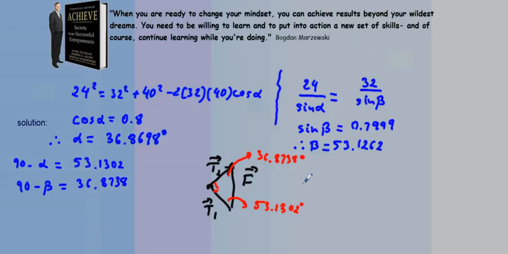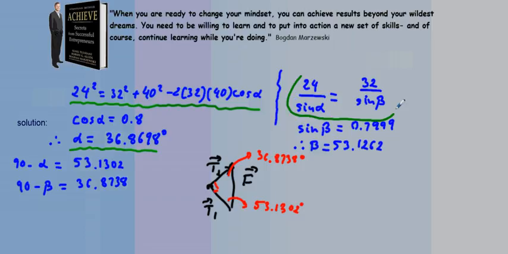Okay, so using the cosine law, we can quickly figure out the value of angle alpha. So there you go. So once we have one angle and 3 sides provided, we can use the sine law to find the value of angle beta.